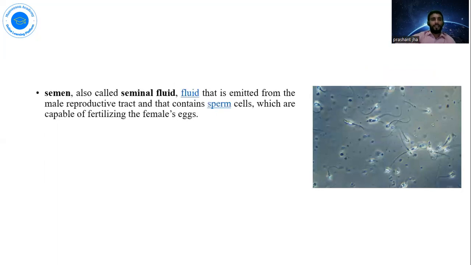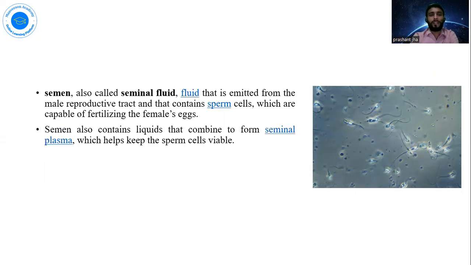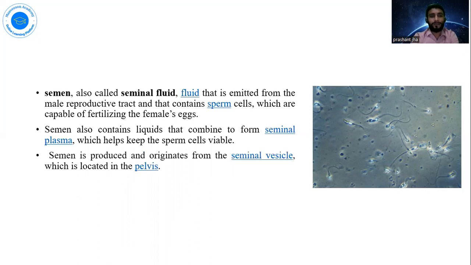So, what is semen? Semen is the seminal fluid emitted from the male reproductive tract that contains sperm cells which are capable of fertilizing the female egg. It also contains liquid that combines to form the seminal plasma, which helps keep the sperm cells viable.